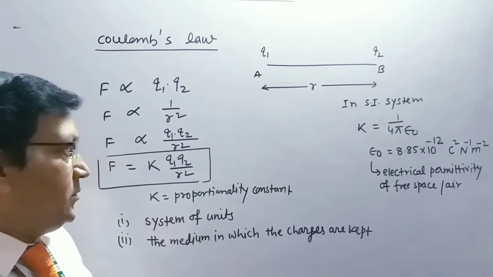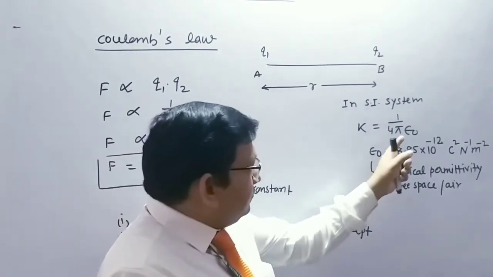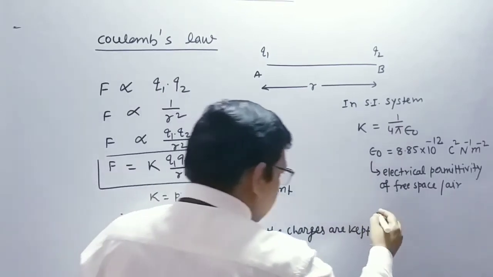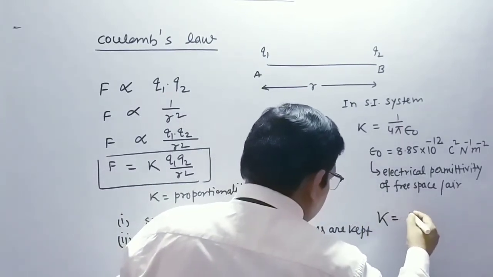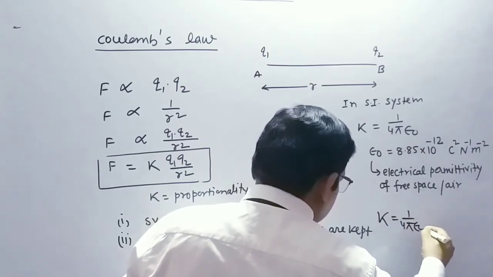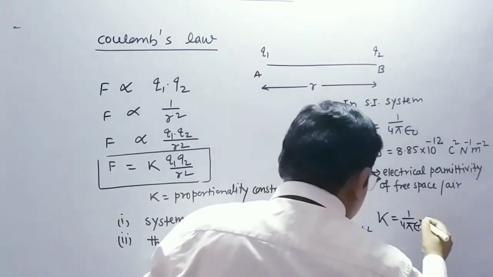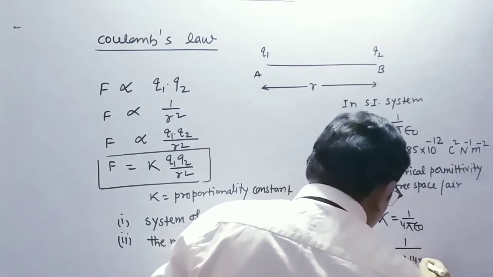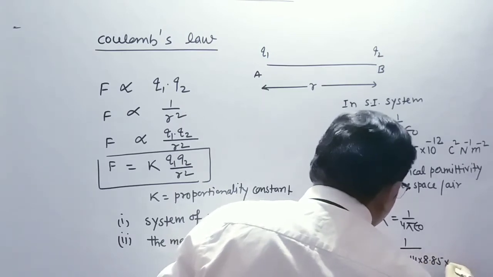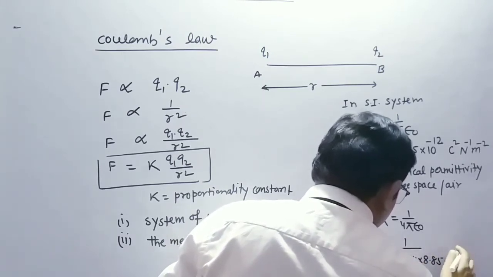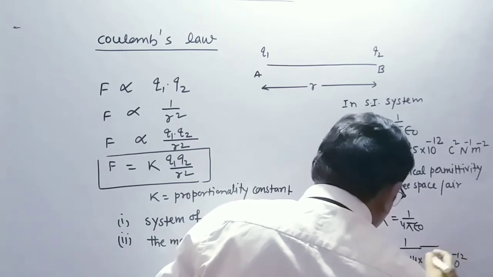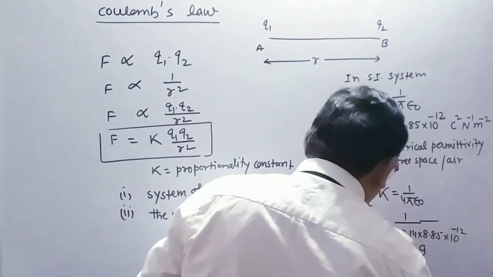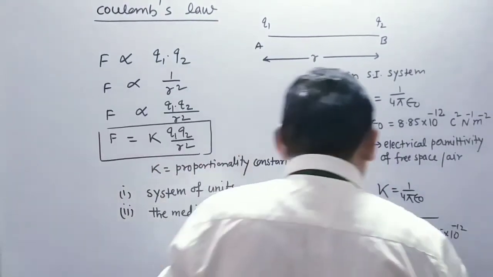If you put the value of pi, 4 and epsilon, the value of 1 by 4 pi epsilon, putting 4, 3.14, and epsilon 8.85 into 10 to the power minus 12, comes out to be nearly 9 into 10 to the power 9 Newton meter square per Coulomb square.